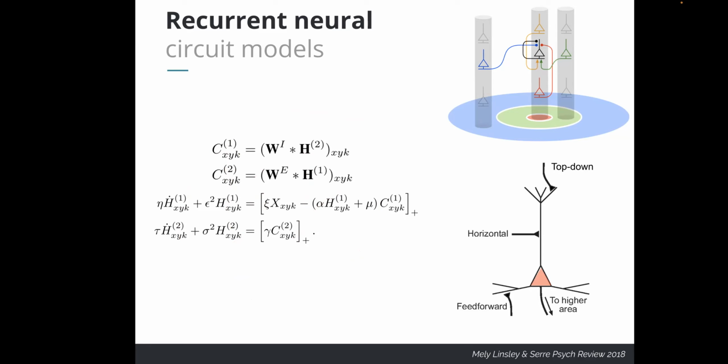You typically have, for every neuron, one set of differential equations governing the excitation to that neuron from horizontal connections, and a separate differential equation for the inhibition. The important thing here is maybe that those stars correspond to convolutions.